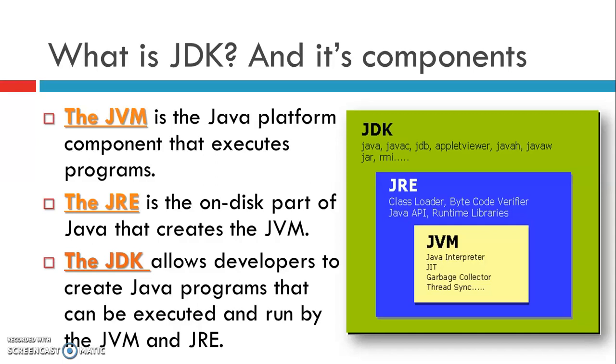The JDK has various tools, or we can say commands, such as java, javac, jdb, appletviewer, and so many tools. So from this image we can say that the JDK is a bunch of different tools that are useful to develop, debug, or monitor our Java applications.